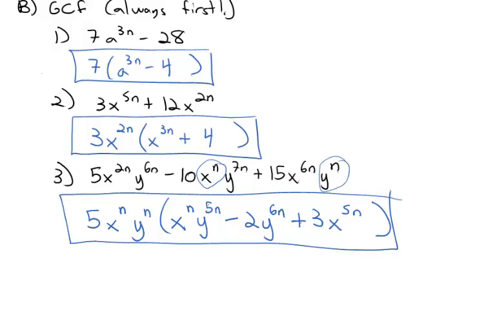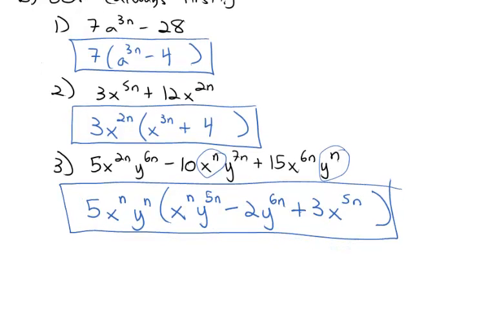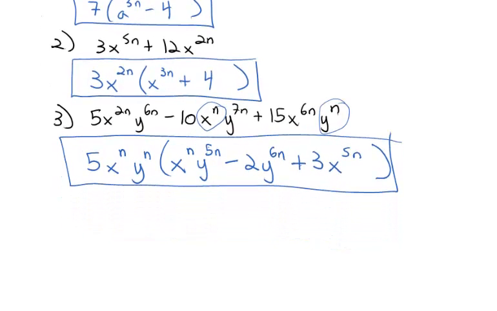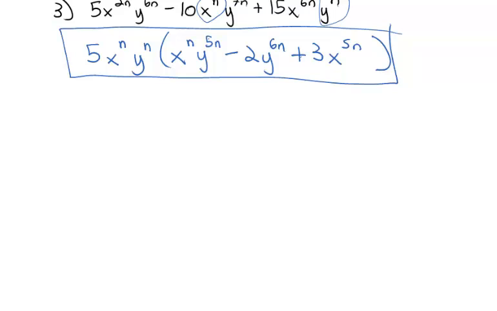So always remember, with factoring, we will always do that GCF, greatest common factor, first before we do any other type of factoring. Once we've done that, though, we have to decide how many terms are in the remaining expression.